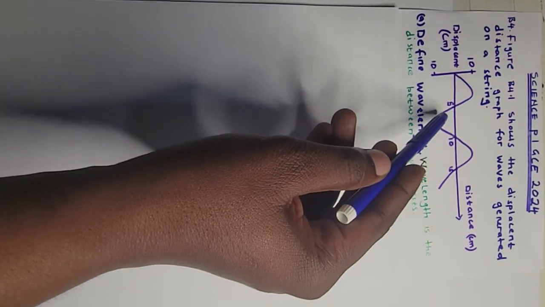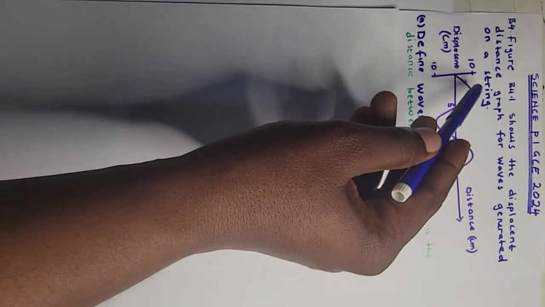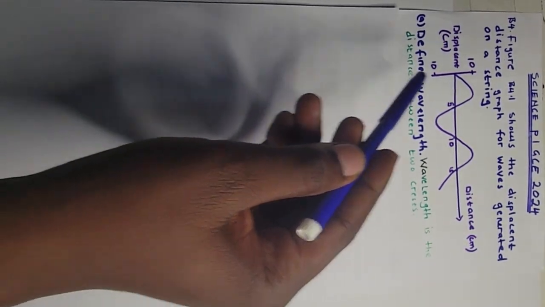This is a crest and this is a trough. These two make a complete wave. That's what we need to understand here.